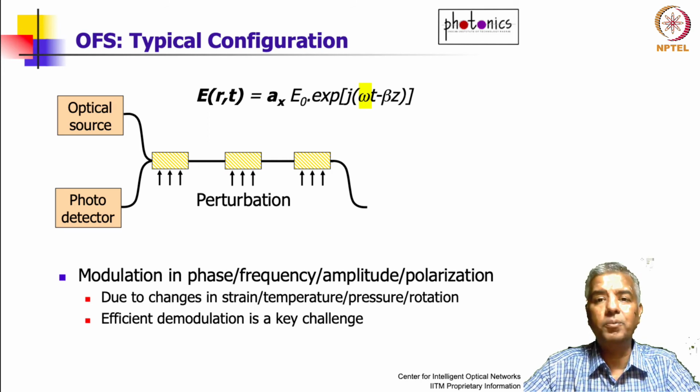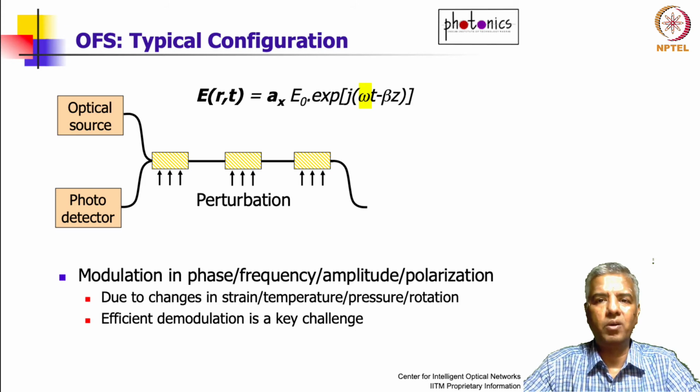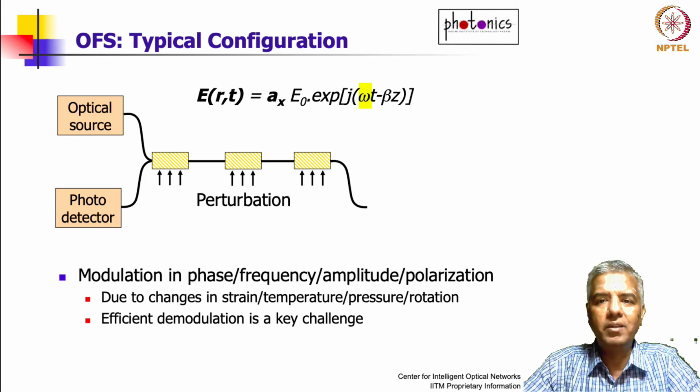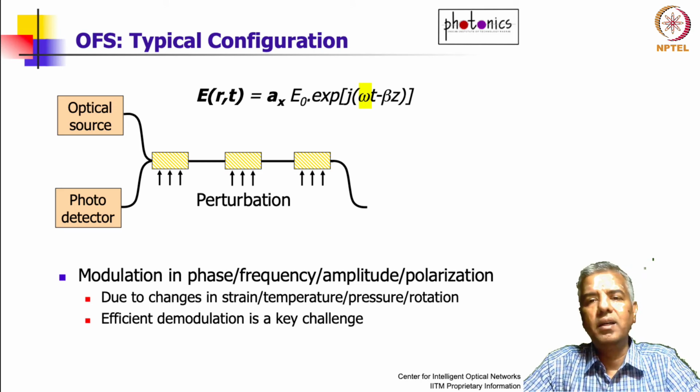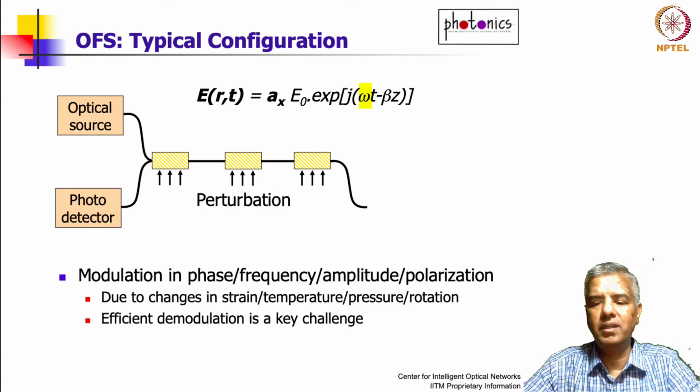It's not corrupted in the process of propagating over long distances, right? So from that perspective, wavelength encoded sensors are quite different, and they are quite rugged as well. They're more impervious to noise, if you want to call it that.